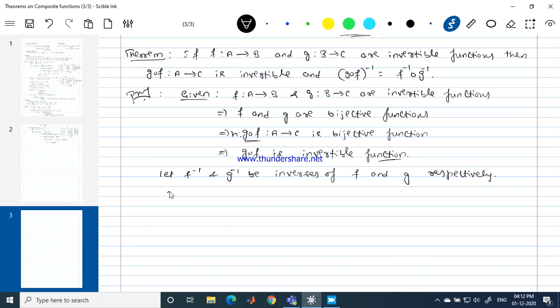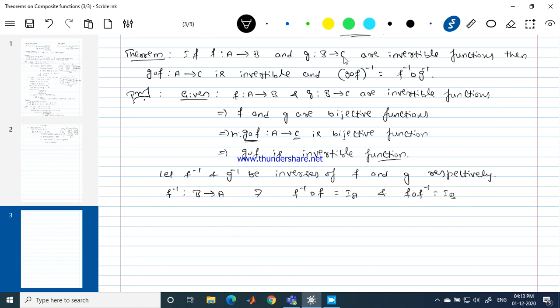So what is F power minus 1? It's a function defined from B to A. F is a function from A to B. So F power minus 1 is a function defined from B to A, such that F inverse composition F is equal to IA, and F composition F inverse is equal to IB.